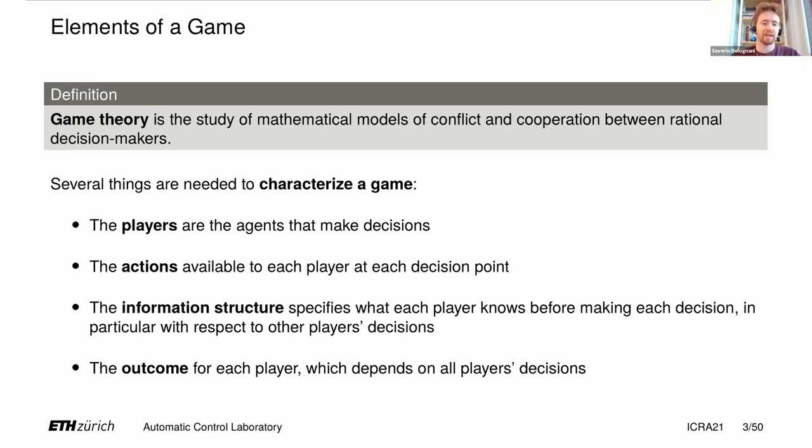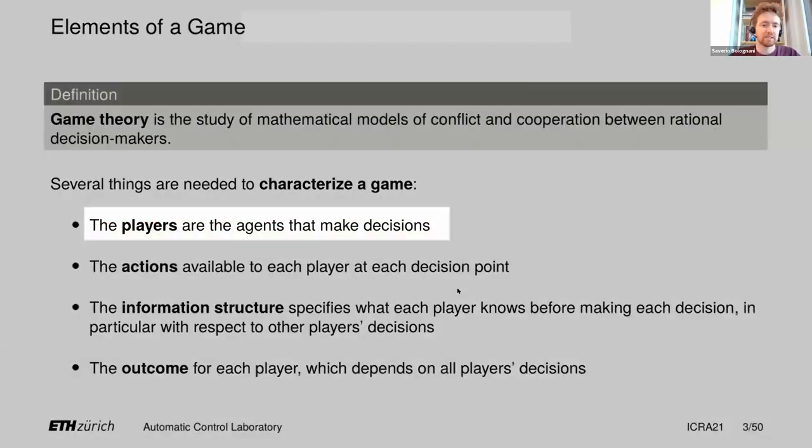But at a very high level, you need several ingredients to characterize a game. So you need to define what are the players that make the decision. In the topics that we're covering today, this is the easiest part because, compared to other applications of game theory, here players are probably autonomous vehicles, robots, drivers, right? They're truly agents in the real world.